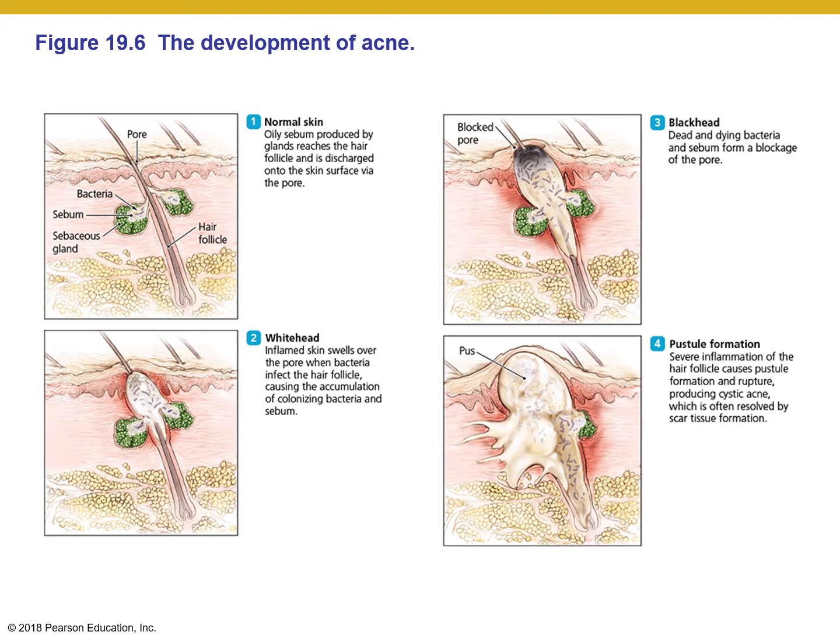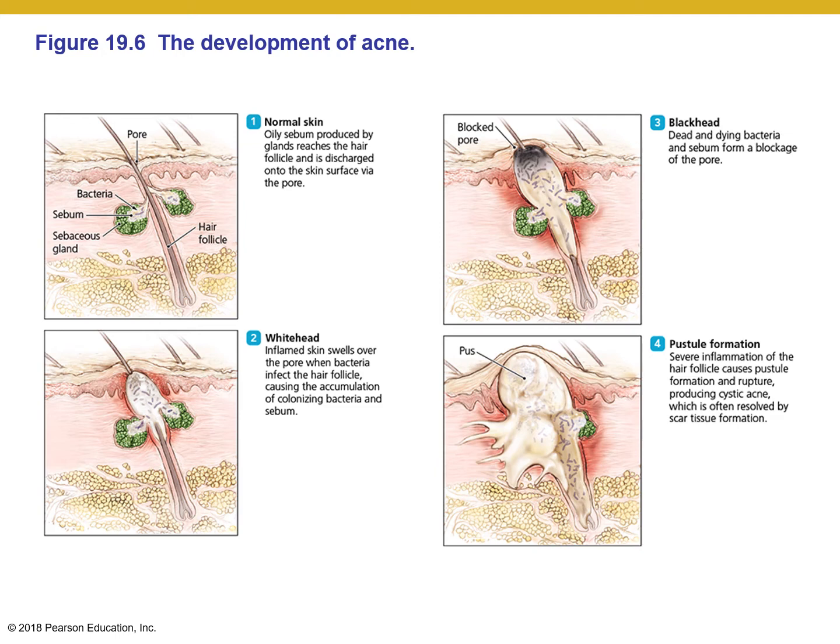Then we see that the skin becomes inflamed, it swells over the pore, the bacteria invade the follicle, and then we have lots of bacteria chowing down on the oil, on the sebum. As the bacteria die, then a blackhead will start to form.